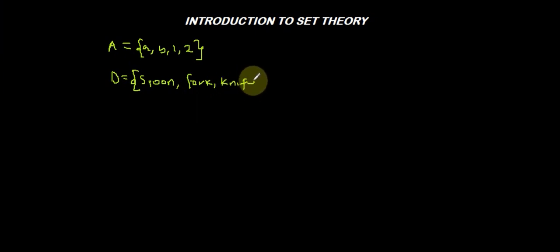You separate the elements of a set with a comma just to show that these elements are different. But if you don't use a comma to separate them, you're talking about one thing. For example, if I just write spoon fork knife without separating it with a comma, that simply means I'm defining only one thing. They are not different. So when you use a comma to separate them, it means that there are different elements in that particular set.